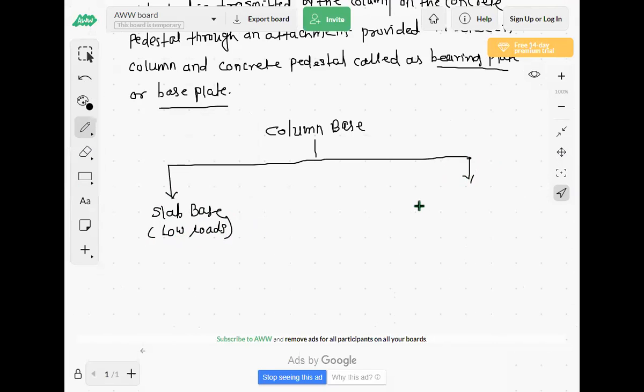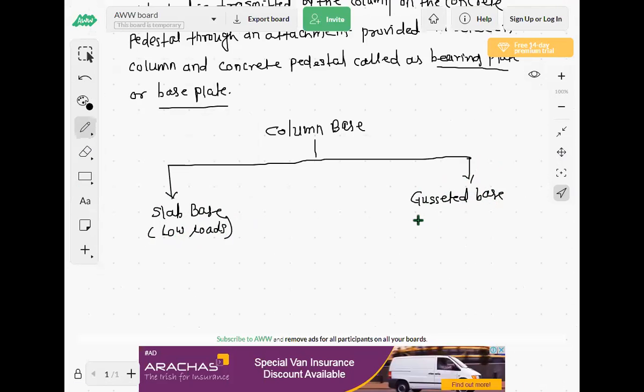And second is the gusseted base. So there are two column bases, the slab base and the gusseted base.